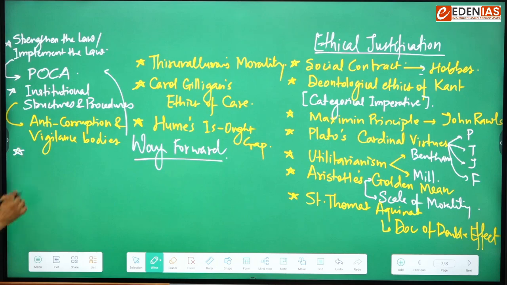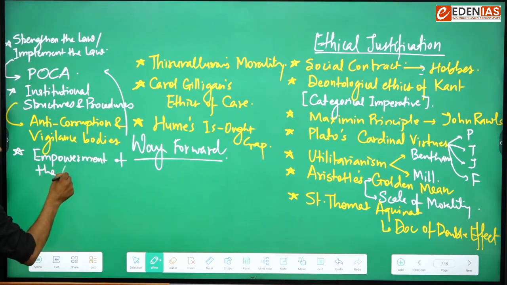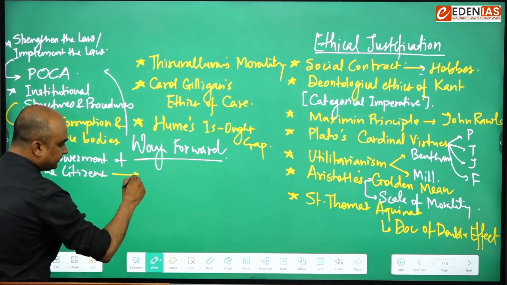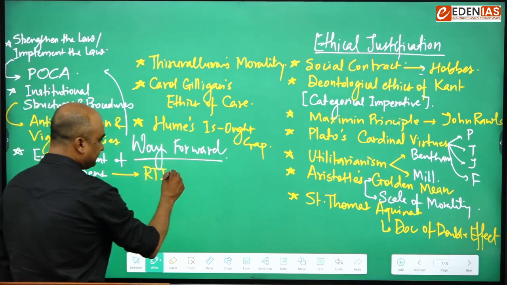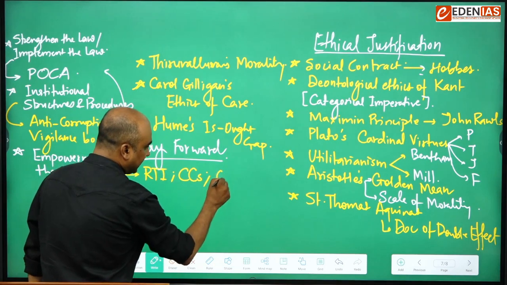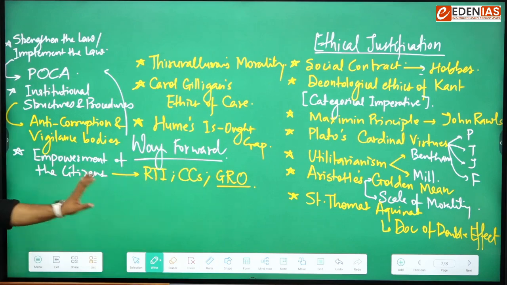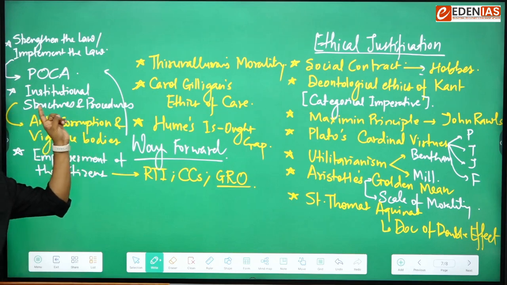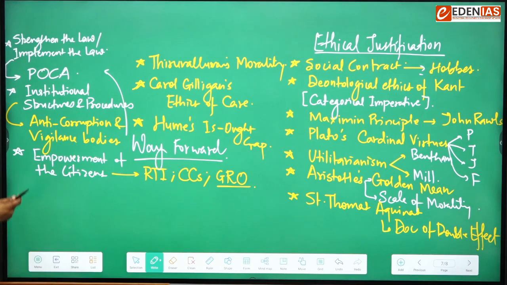Then there has to be empowerment of the citizens so that they know what they are seeking. This could be done by implementing the RTI properly, citizens charters and grievance redressal officers. You can do that, okay, so that citizens feel empowered, and there is always a threat in the mind of all those people who work with vested interest that they may be produced in the people's court.